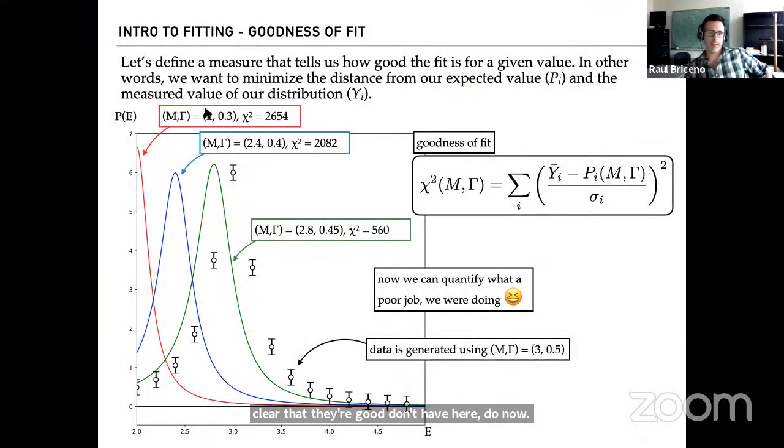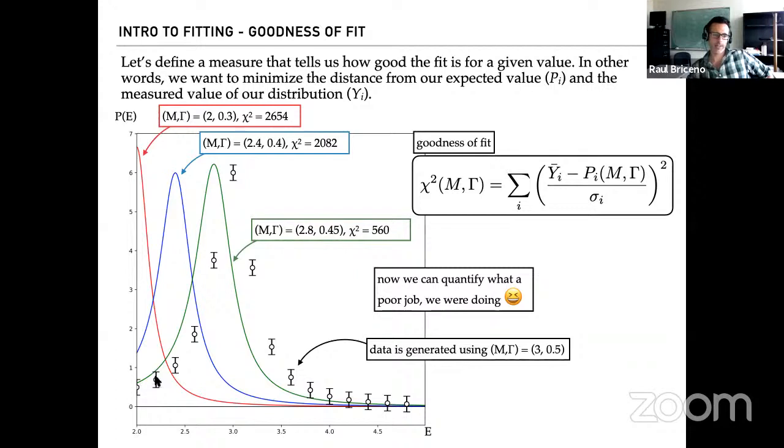So now I'm just showing the same plot, but this time showing the chi-squared. So I just evaluated the chi-squared. The distance between, so at this point, for example, the red, the PI for this energy is way up here. So I would be evaluating the distance between this red point and this little black point divided by the uncertainty.